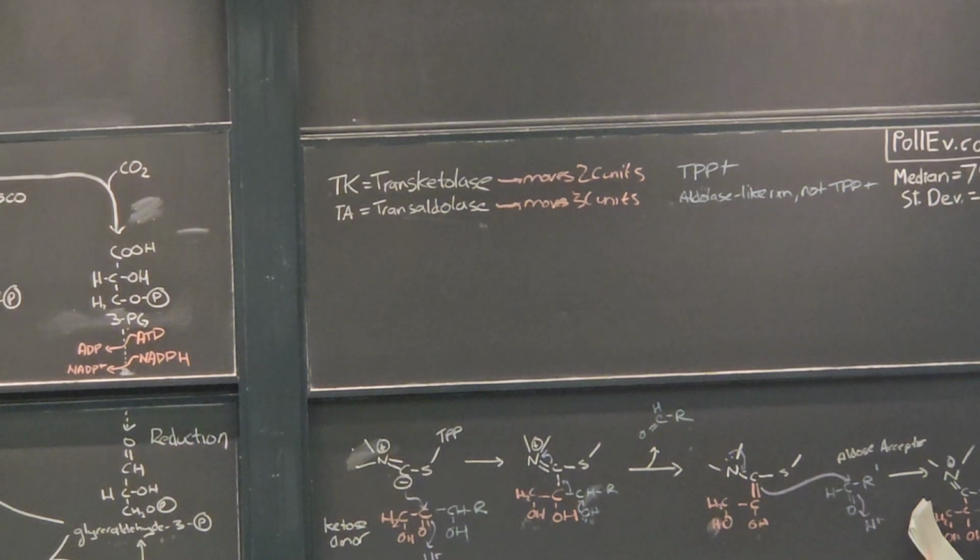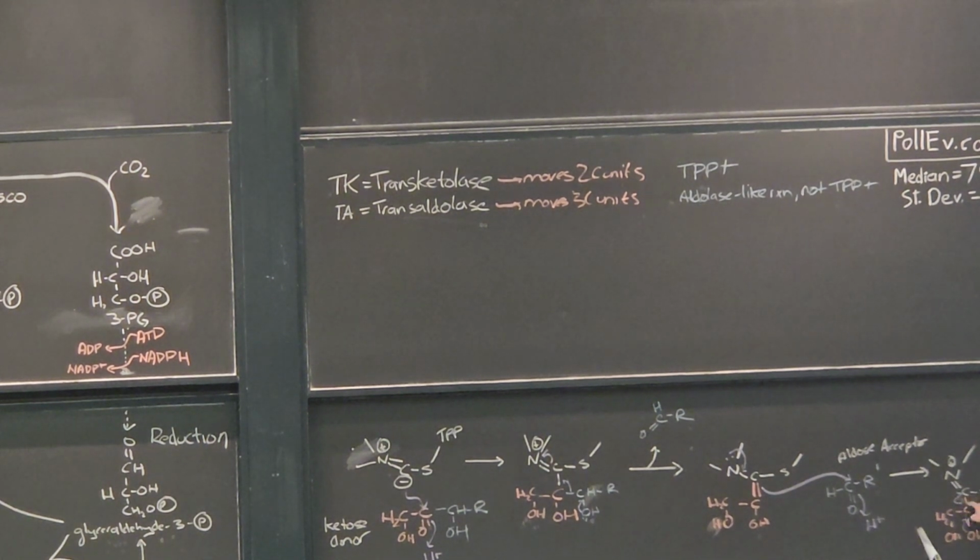Note, I'm going to put this as an R prime because it is a different aldose. And now we can regenerate the carbanion by breaking this bond right here.